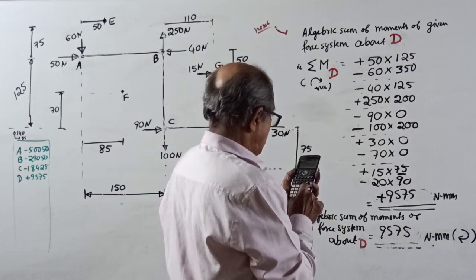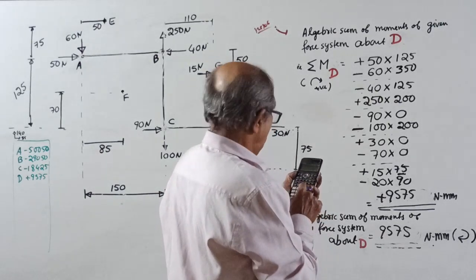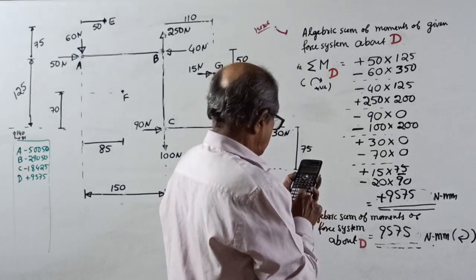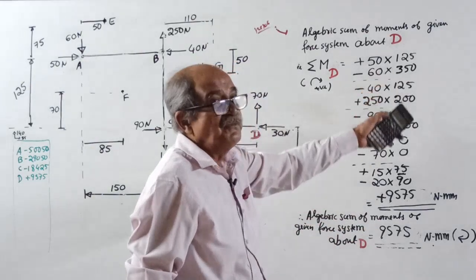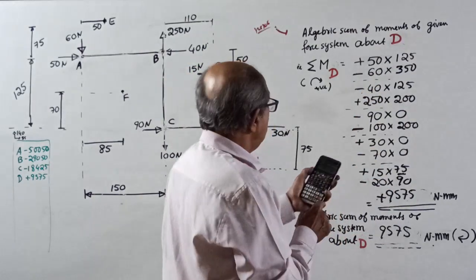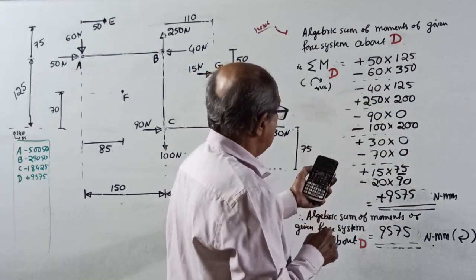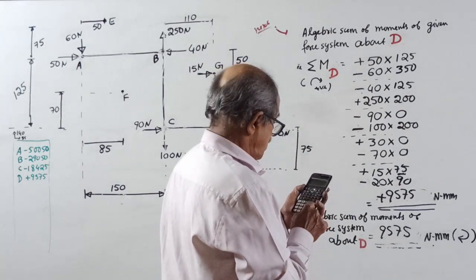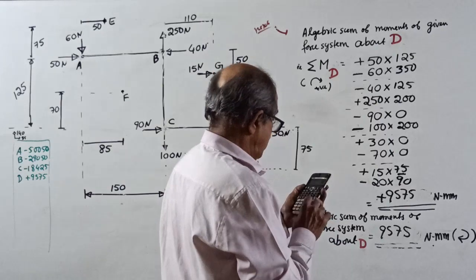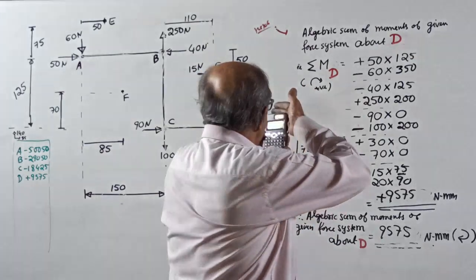Minus 60 into 350, really doing it. Minus 40 into 125 plus 250 into 200. So to verify that I wrote the terms correctly. 200. This is 0 minus 100 into 200 plus 15 into 75 minus 20 into 90 plus 95. I am not seeing there.